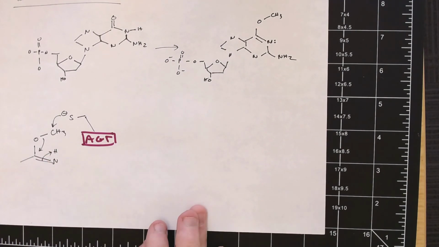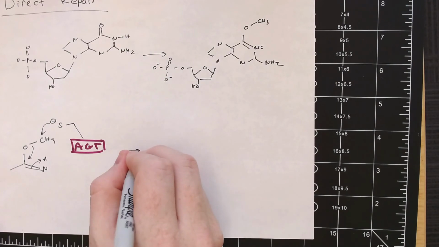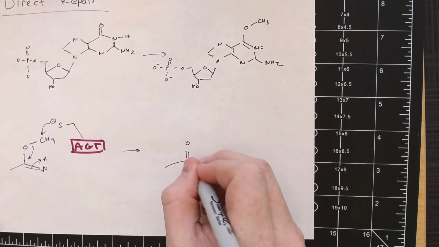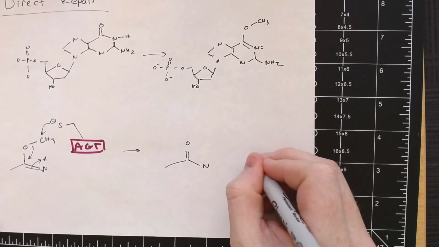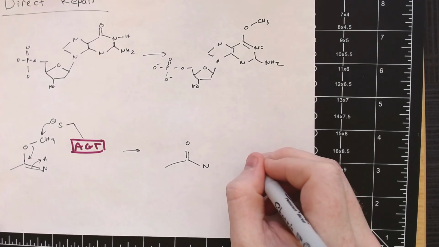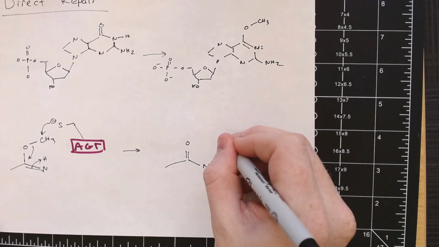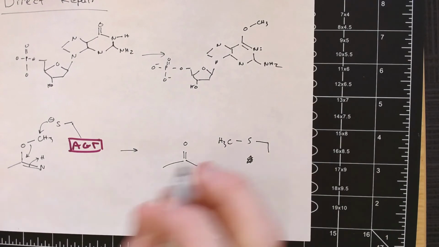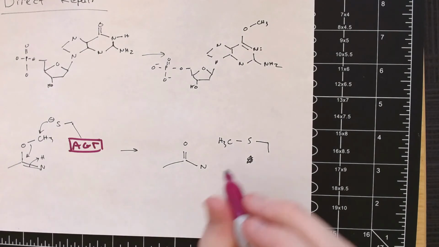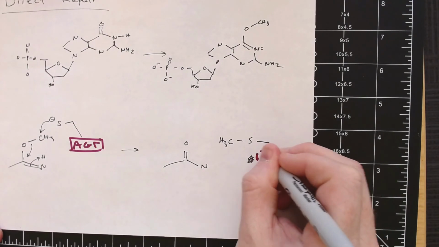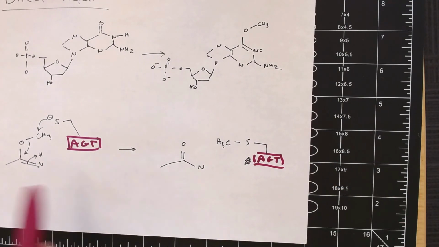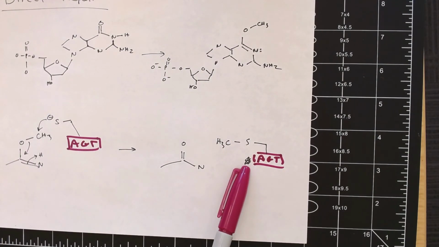Pick up an H. And in this way, it can restore our base. So we've dealkylated the guanosine back to regular guanosine, and in the process we've transferred this methyl group here.